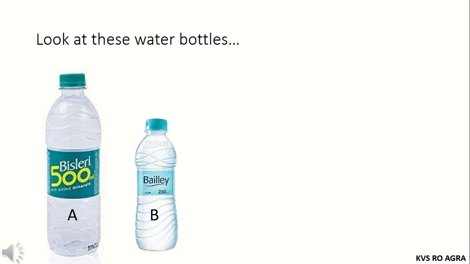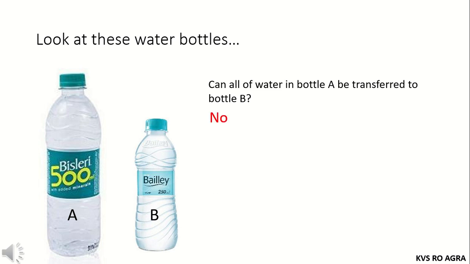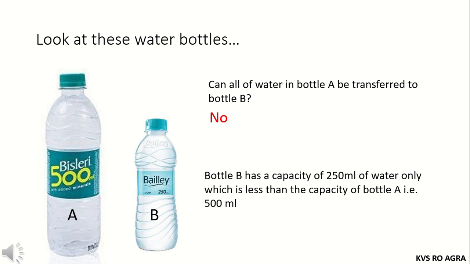Now look at the pictures of these water bottles. Bottle A can hold 500 milliliter of water, whereas bottle B can hold 250 milliliter of water. Just think, can all the water of bottle A be transferred to bottle B? Certainly not, because bottle B can hold a maximum of 250 milliliter of water.